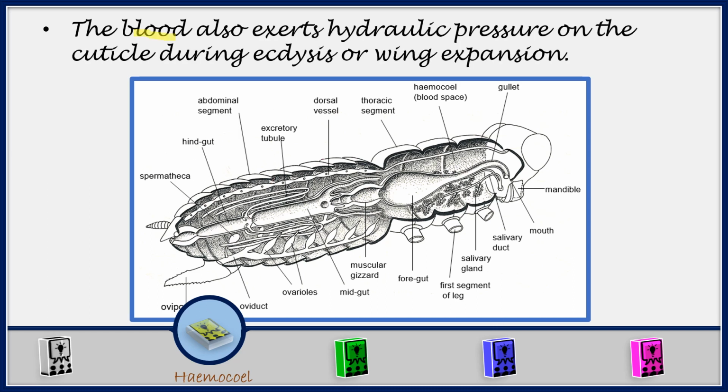Blood also exerts hydraulic pressure on the cuticle during ecdysis or wing expansion.